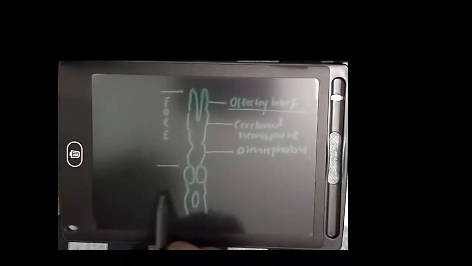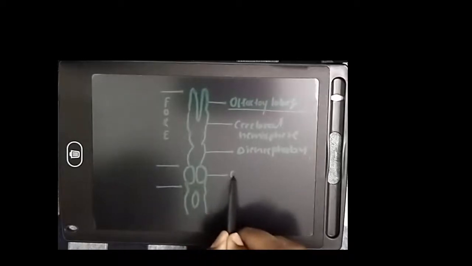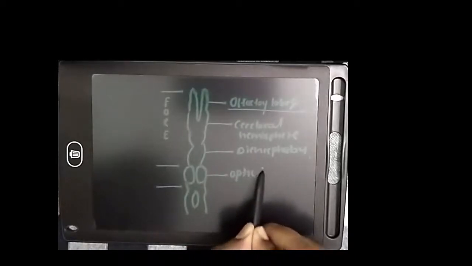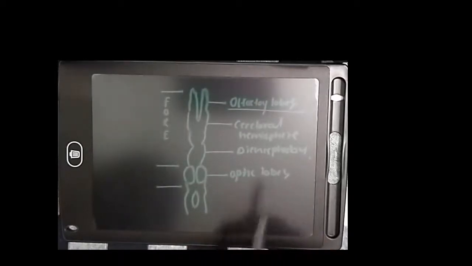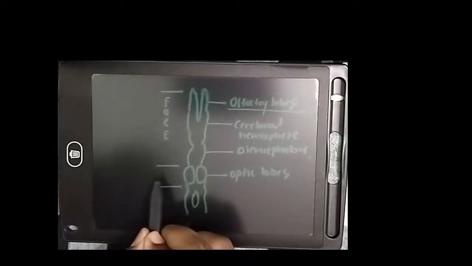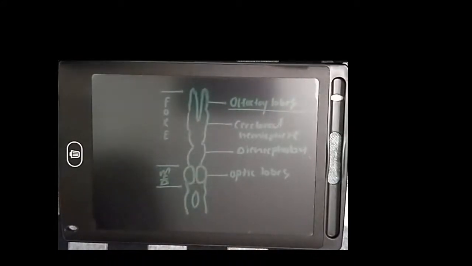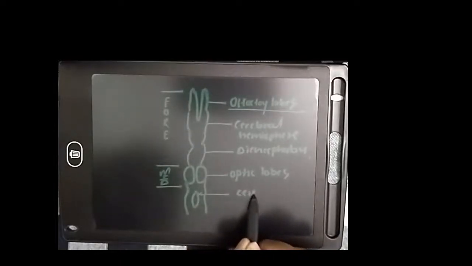After the forebrain, this middle portion has the optic lobes, which are 2 in number, and in some animals 4 in number. So these optic lobes are present in the midbrain. And the last portion of this brain, one is the cerebellum.